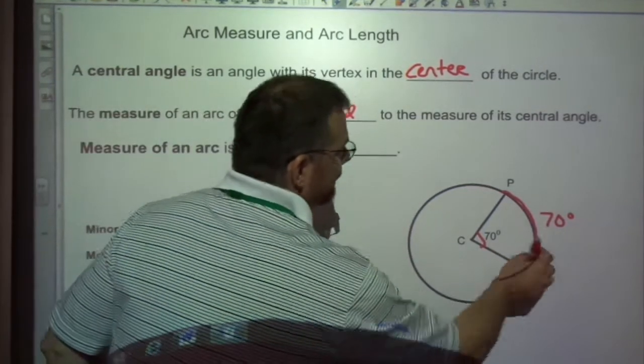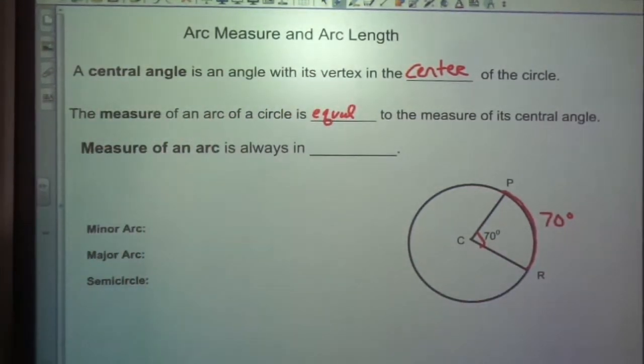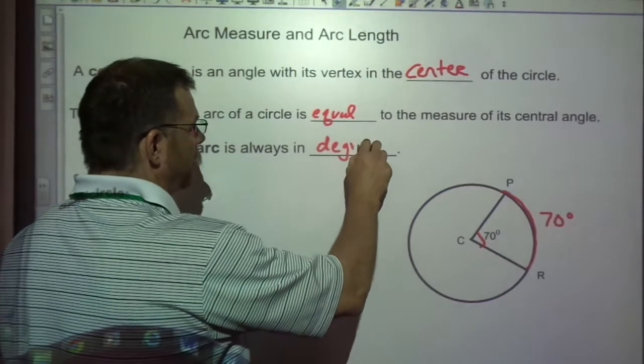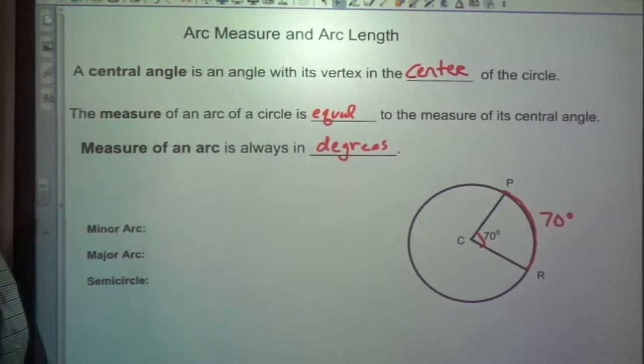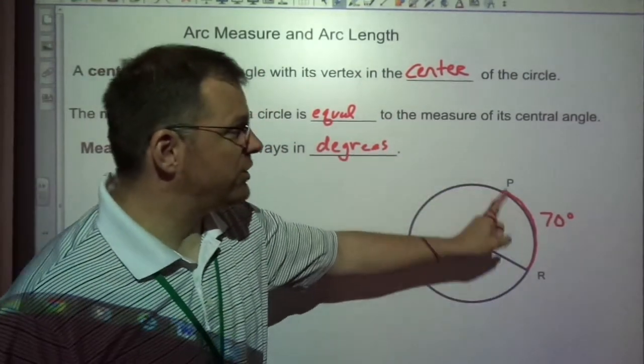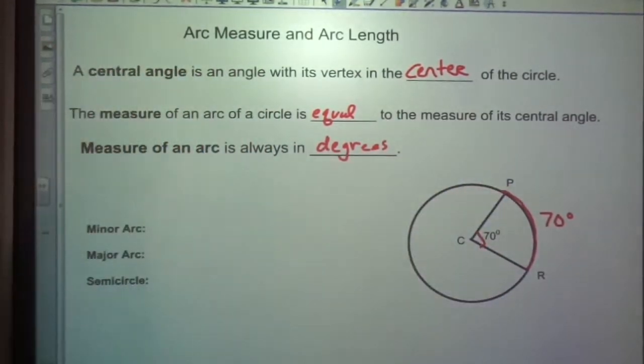So this part is 70 because it's exactly the same as the central angle. The measure of an arc is always in degrees. We're not looking at length. The circle size might be different, but we can always tell how many degrees, thinking of it as a fraction or percentage of the whole circle.